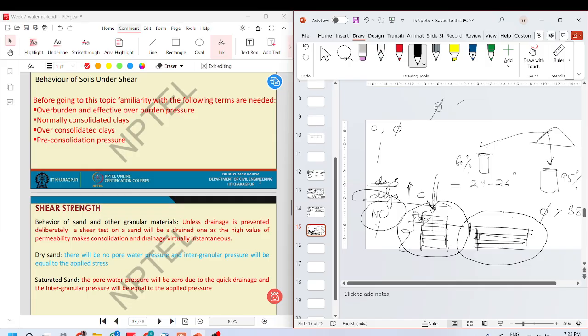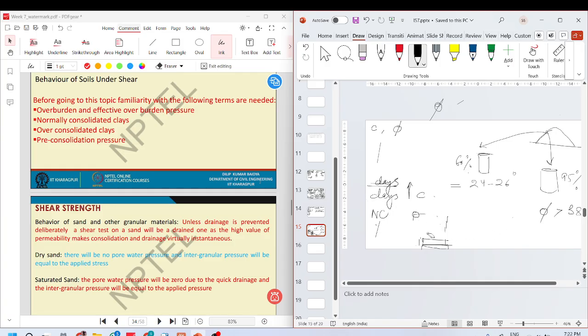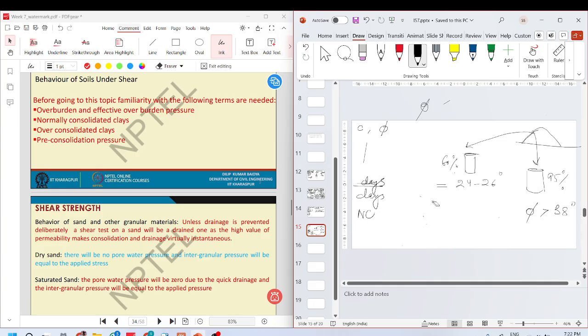Okay. So when I'm putting a load on a soil, whether it is NC or OC does not depend on the soil itself, it depends on the load. That is why we say that the strength of the soil depends on the loading. So if the soil was initially, let us say, it had a confining pressure of 100 kPa.